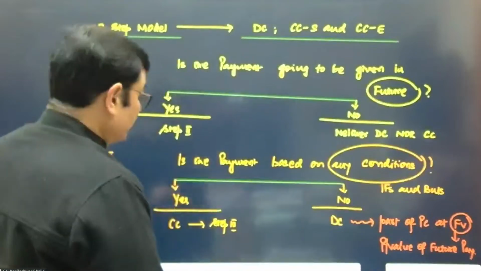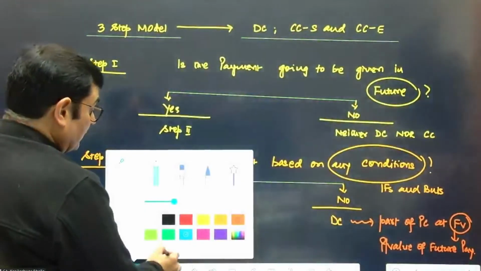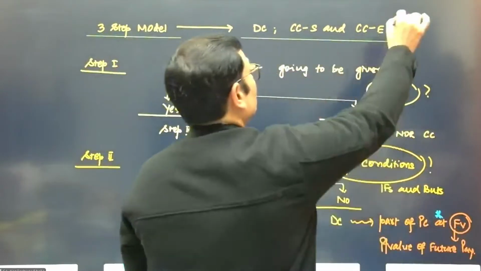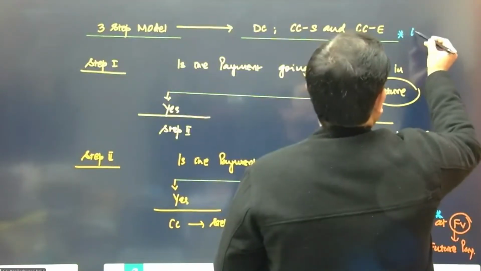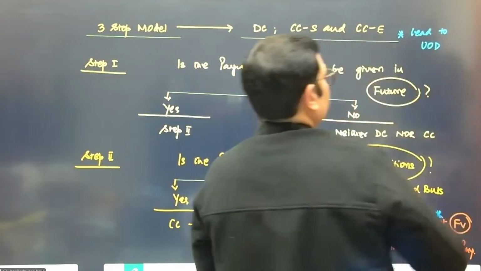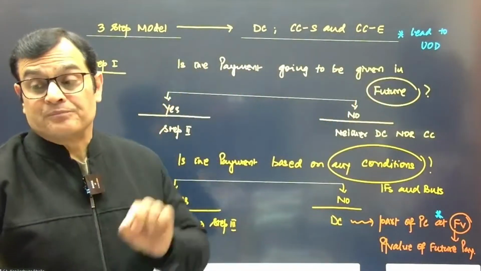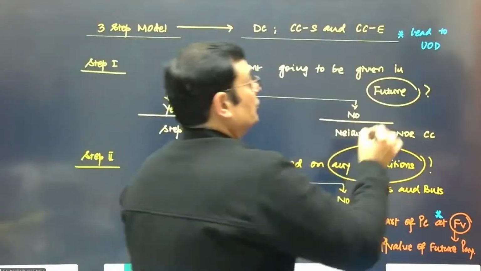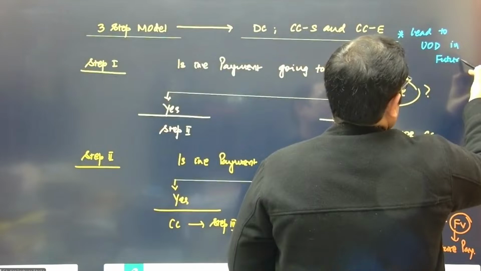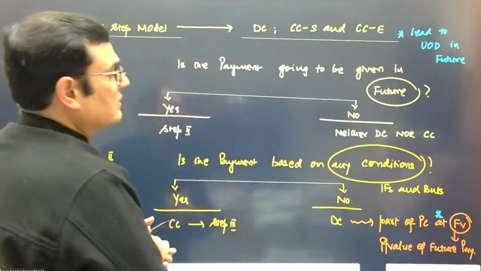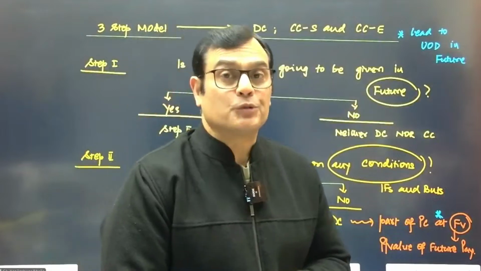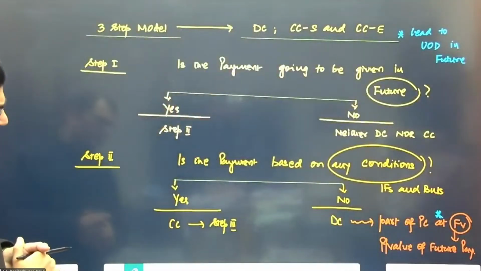So I think it's worth mentioning at this stage that when you consider the present value, it will lead to UOD, unwinding of discount, in future. So we will start unwinding and we will start recording a finance charge in the books of accounts in later years to come. Okay, so this is done.